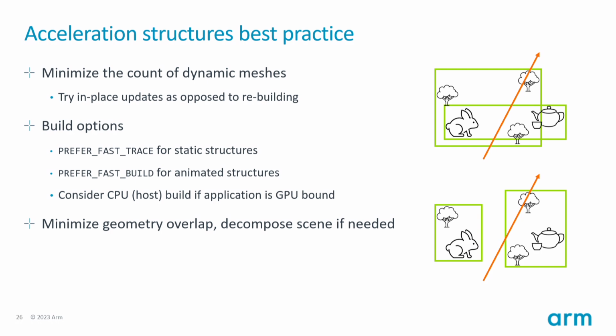But in the bottom case, we avoid the overlap of the bounding boxes. So we avoid having to check almost half the amount of the geometry in the scene. We only need to check the right side box, which is more efficient. So how you group your scene is very important to optimize your ray tracing code.